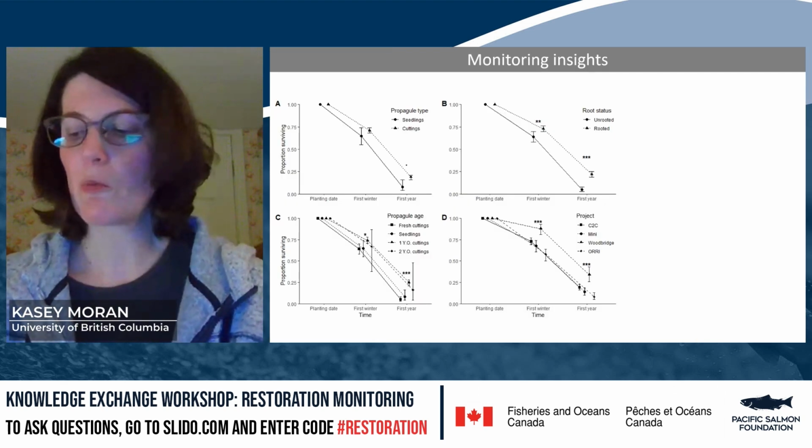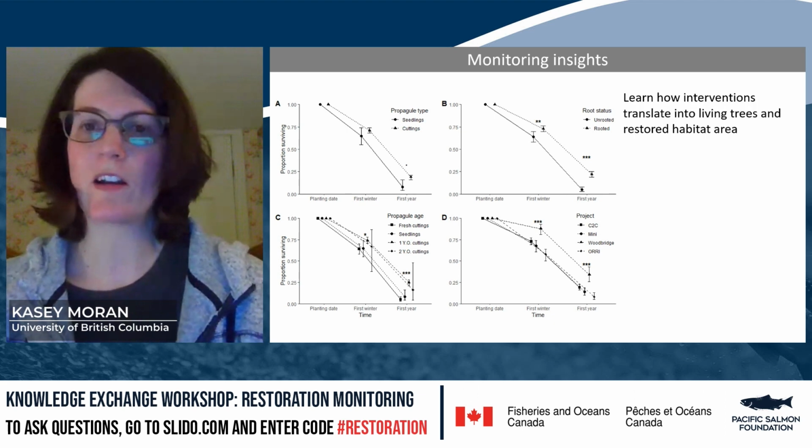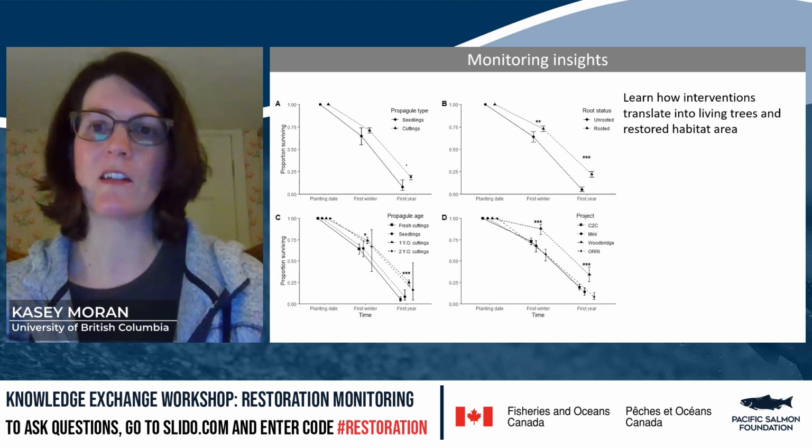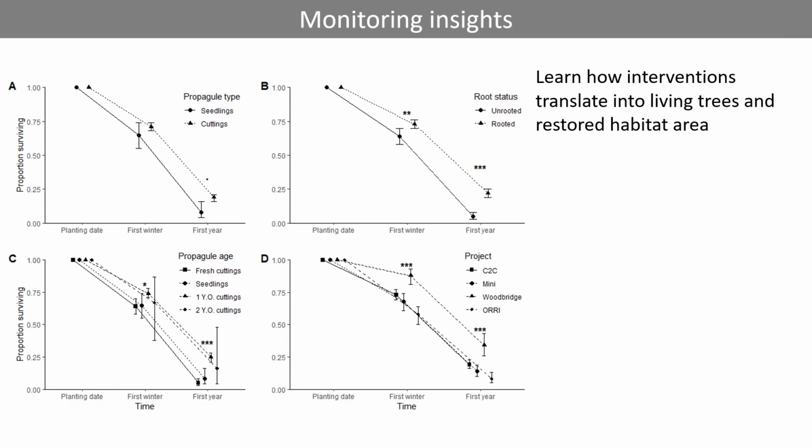So what do we learn from project-based monitoring when it comes to riparian projects? You can learn how the interventions that you perform translate into living trees and restored habitat area.